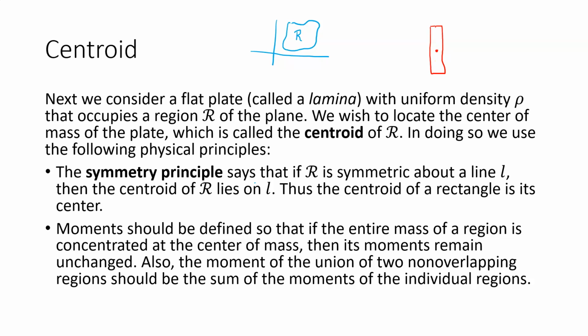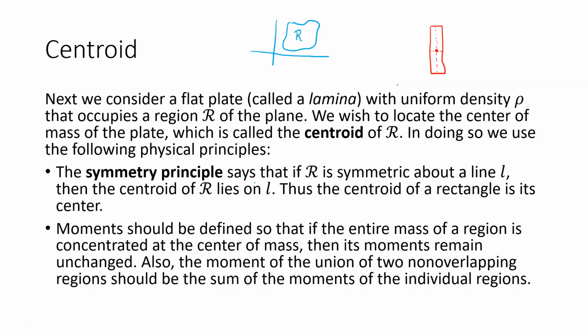So I can just locate any line of symmetry in the region, and we know the center of mass must lie on that line of symmetry. Rectangles are conveniently very symmetric, so locating the center of mass for a rectangle would be locating where the midpoint of that rectangle is.